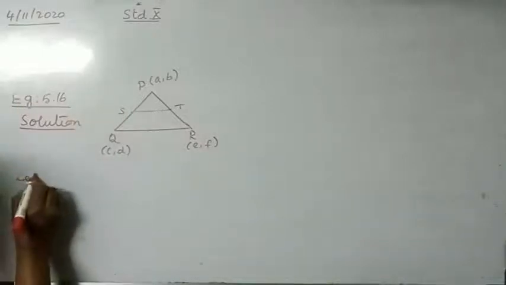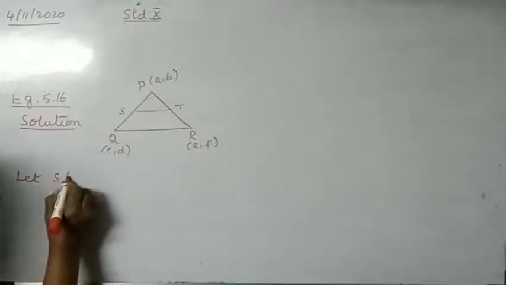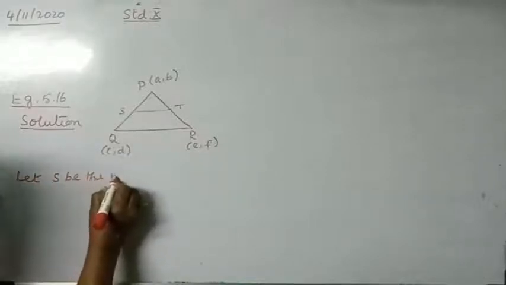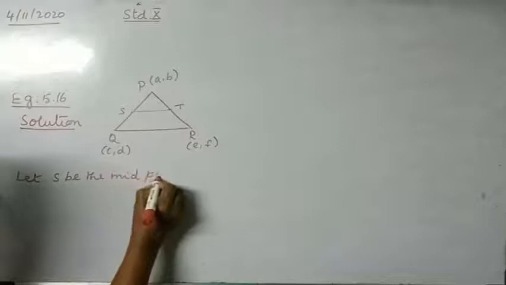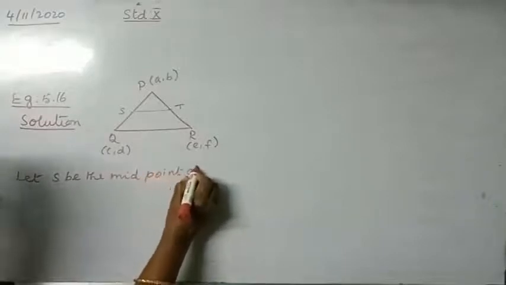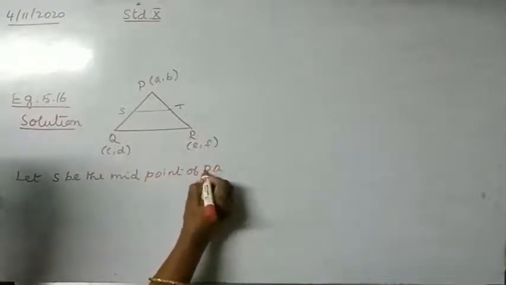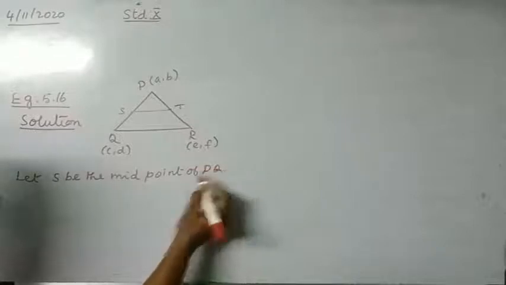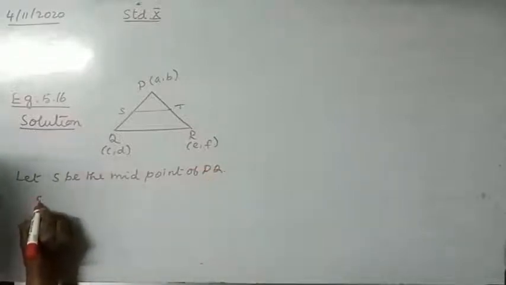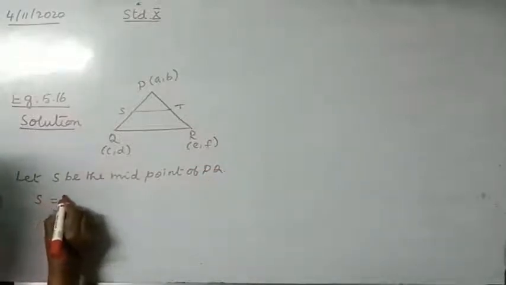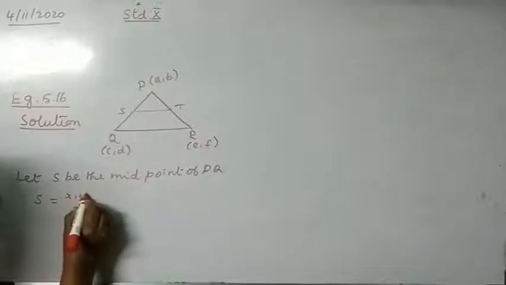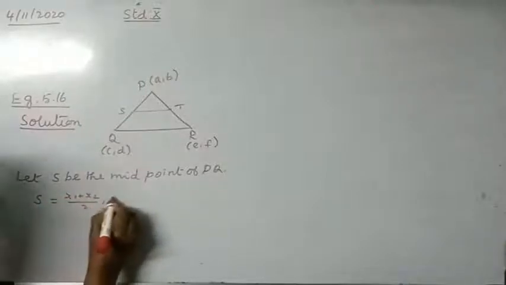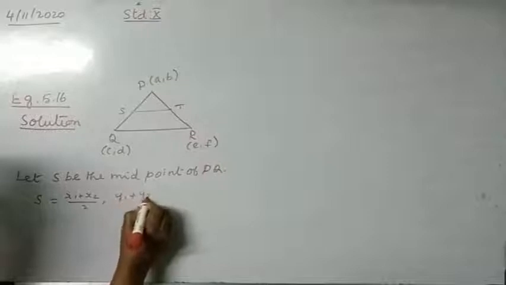So let S be the midpoint of PQ. So now use the midpoint formula. Do you remember the midpoint formula? So the midpoint formula is x1 plus x2 divided by 2 comma y1 plus y2 by 2.